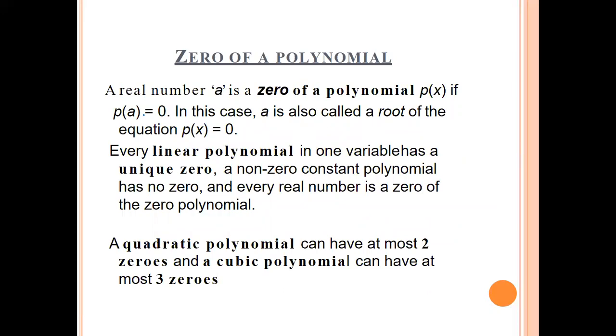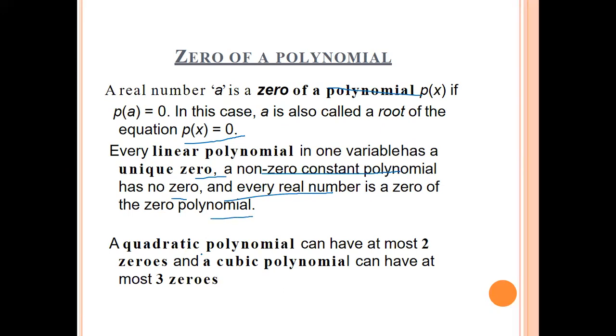Zero of a polynomial: a real number a is a zero of a polynomial p(x) if p(a) equals 0. In this case, a is also called a root of the equation p(x) equals 0. Every real polynomial in one variable has a unique zero. A non-zero constant polynomial has no zero, and every real number is a zero of the zero polynomial.